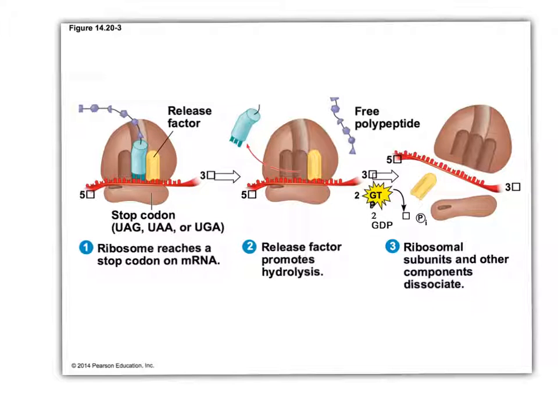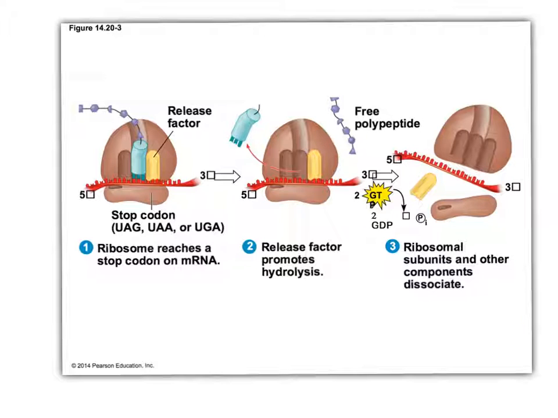So after the release factor, after hydrolysis, the ribosomes separate into subunits and go off and bind another mRNA. That mRNA could be rebound to another ribosome, or it could, right at this point, already have a ribosome bound to it, further upstream from this ribosome.